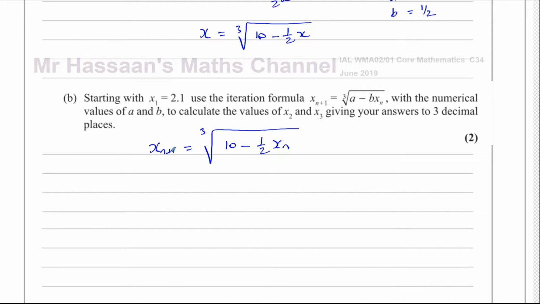What that's telling us is that to find x2, we start with x1 equals 2.1. So x2 is found by putting x1 into this equation, and x3 by putting x2 into this equation, and so on.